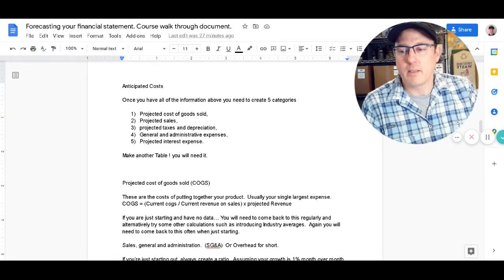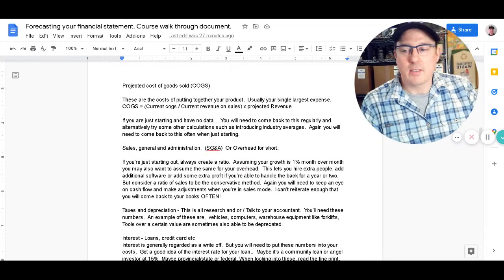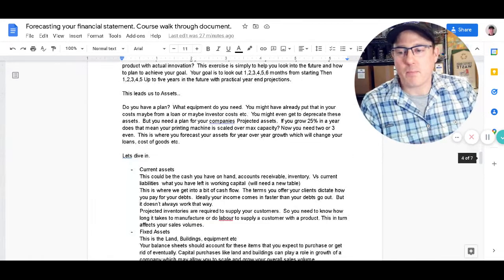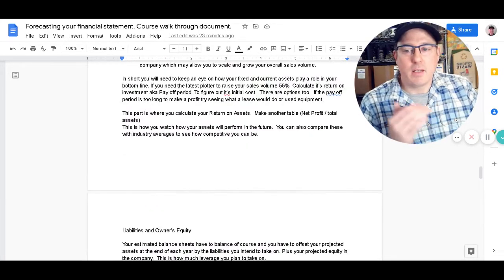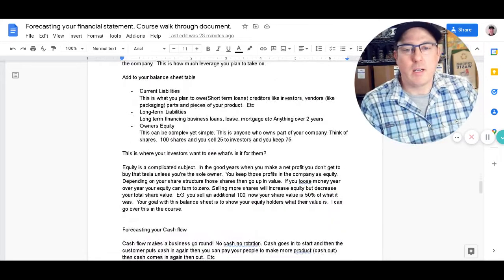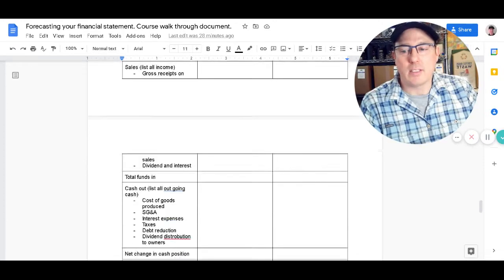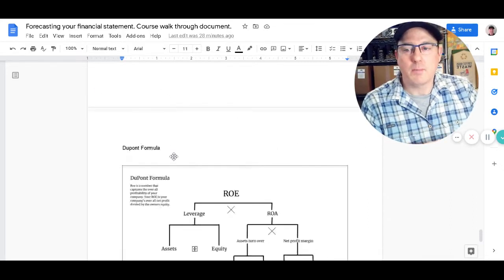So basically, we have the 5 categories for that, and then this is the portion on how to split all that up, and then there's basically a dive into all your costs, and then how to put all this into a table. And at the very end, I give you the DuPont method on how to put all this into a table.